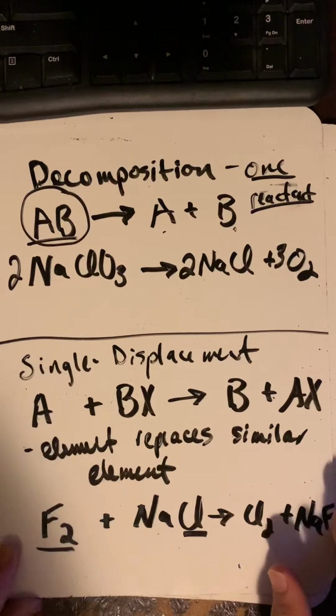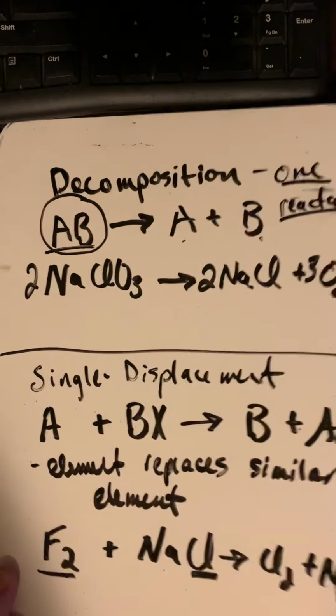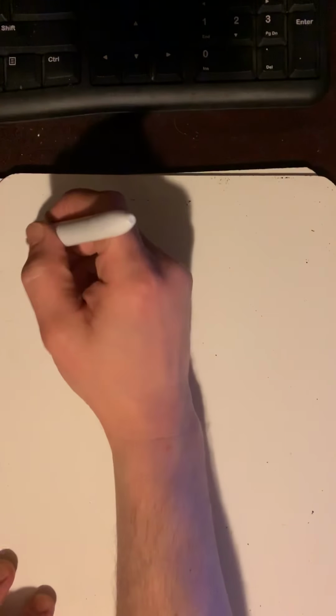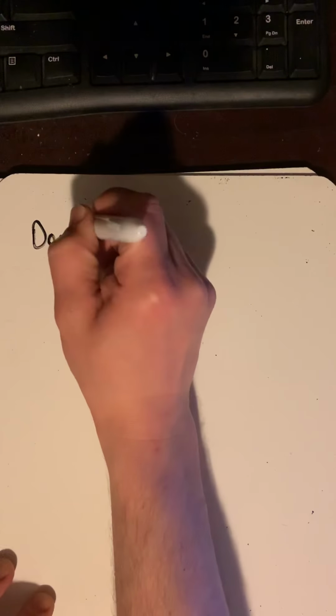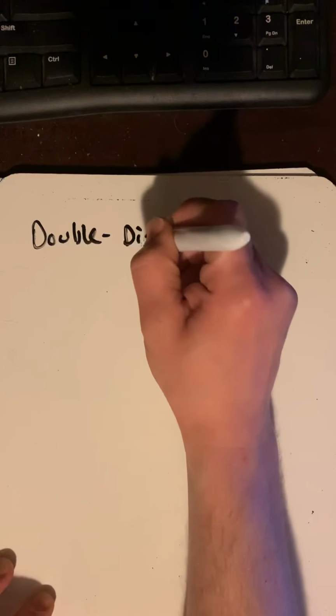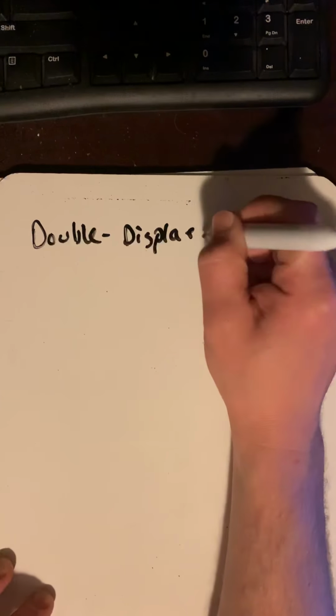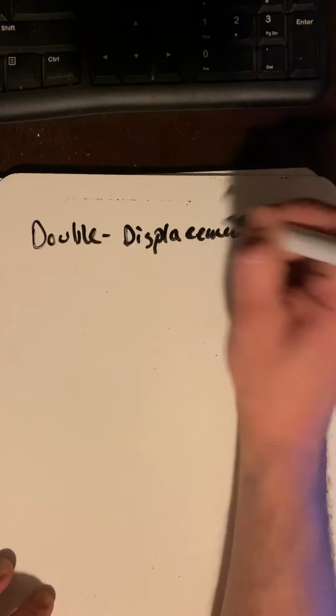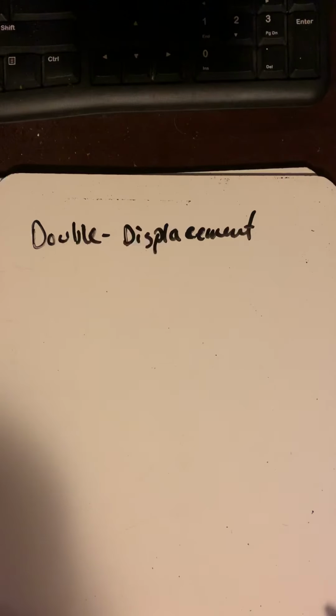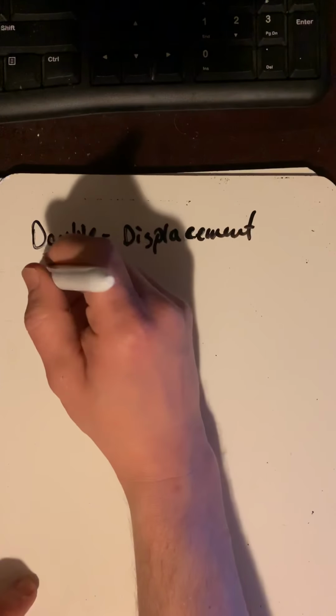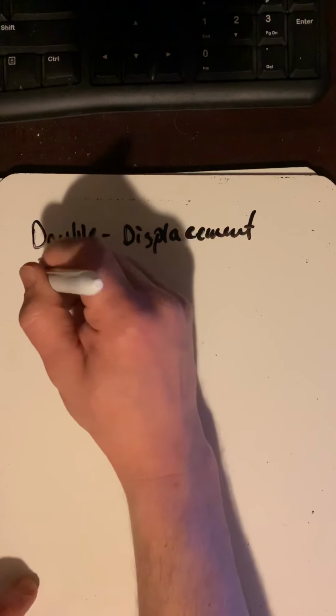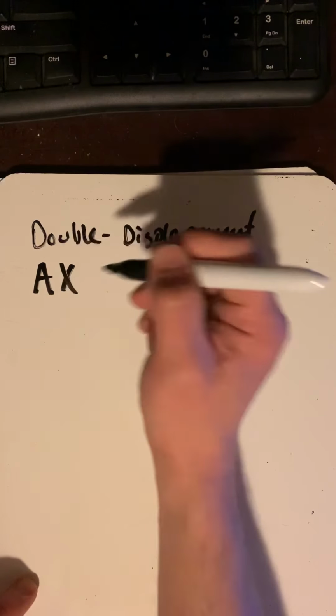Okay, the fourth type of reaction is called double displacement. Okay, in a double displacement reaction, you have ions from two ionic compounds. So this would be a compound.